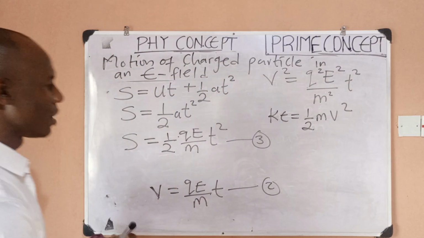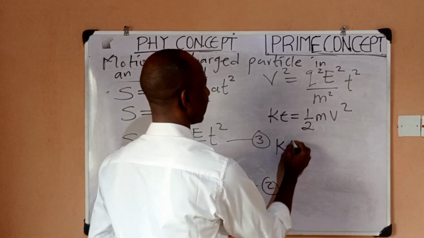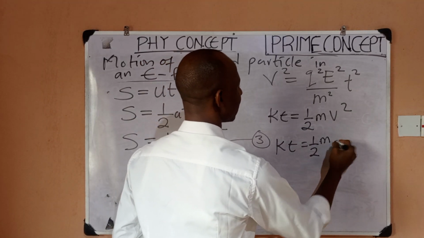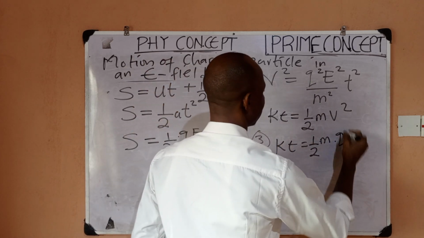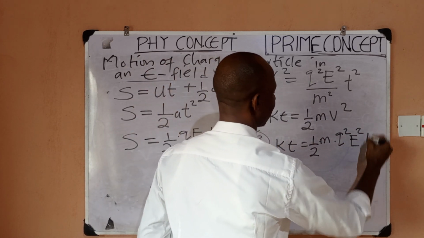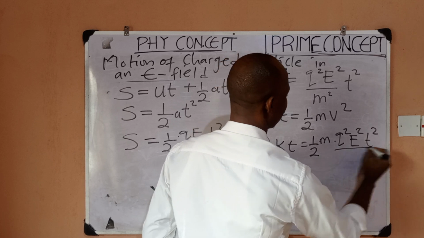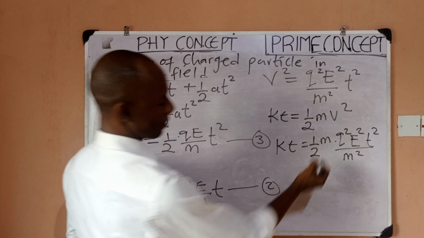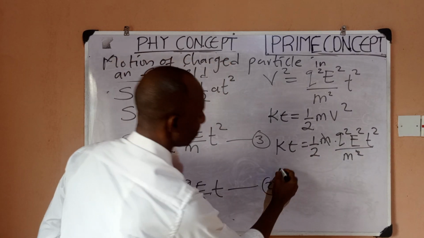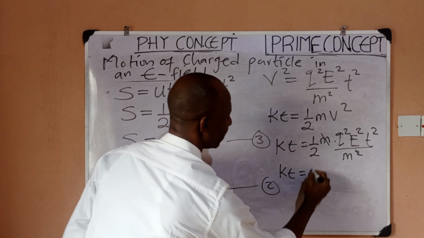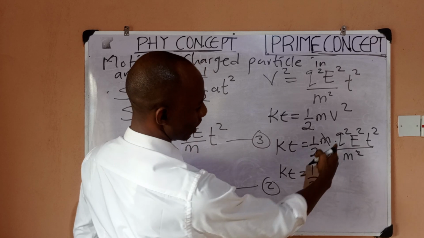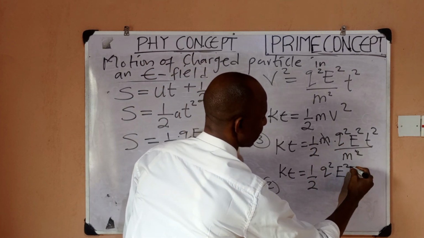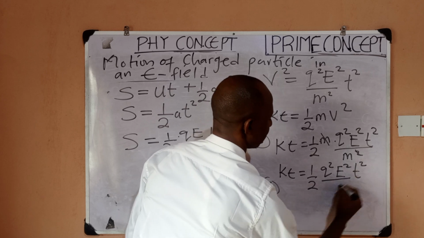If I substitute, I would have that KE is equal to half times m times Q squared E squared t squared all divided by m squared, so that when one m cancels another m, I would have that KE is half Q squared E squared t squared by m.